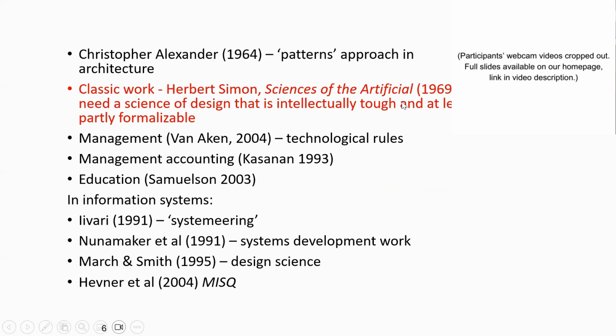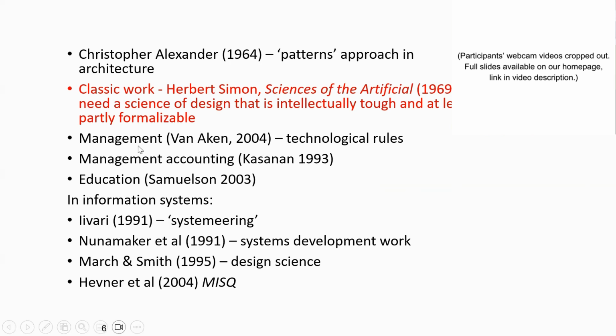And he said that we needed a science of design, and this meant having something that was useful, that helped us design things, but it was also intellectually tough. And that's a difficulty, because for a long time, disciplines like engineering haven't been regarded as being as legitimate as pure science.